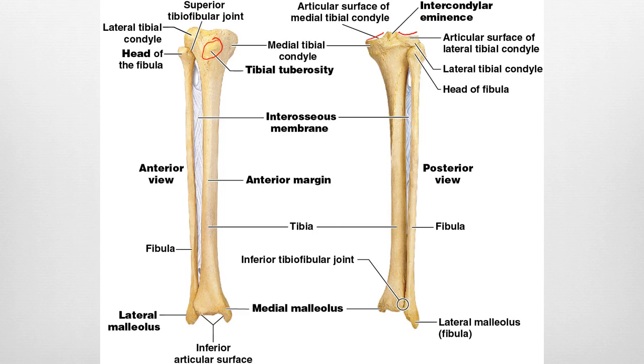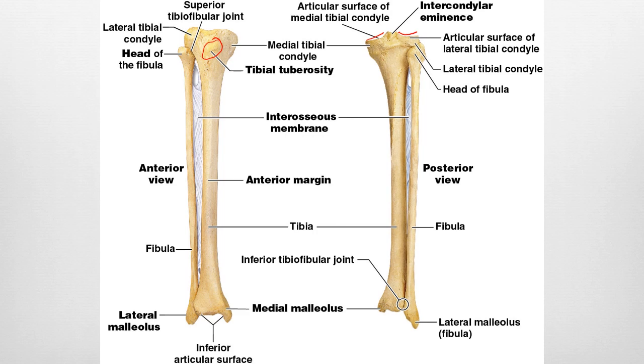If those get pulled on too much early on in life, we can end up having a condition called Osgood-Schlatter's. It's a common condition in 9 to 13-year-old children when they're overactive in their quadriceps muscles, and that can cause difficulty there for them as it kind of rips the bone away.